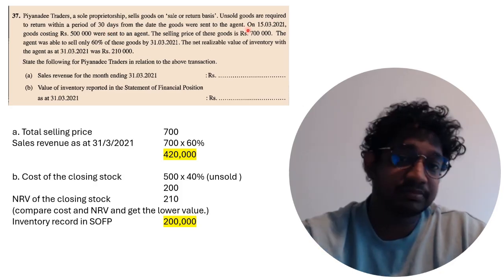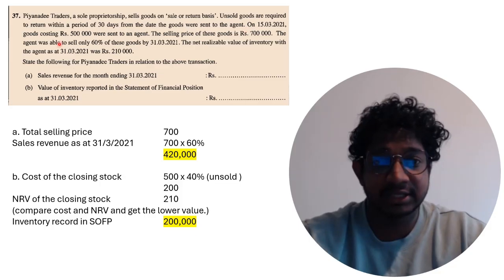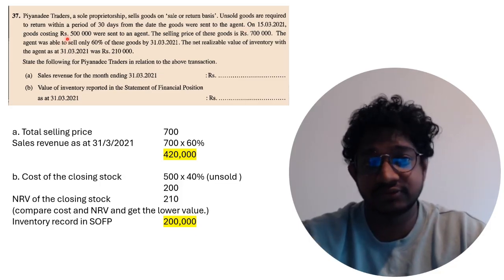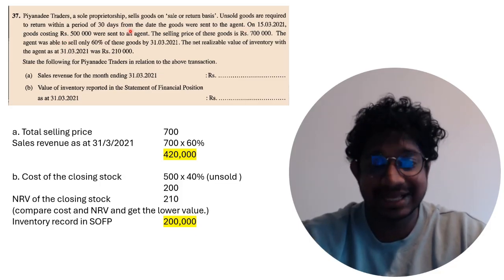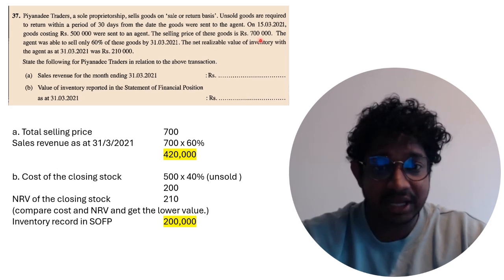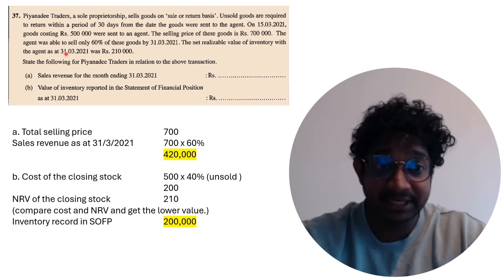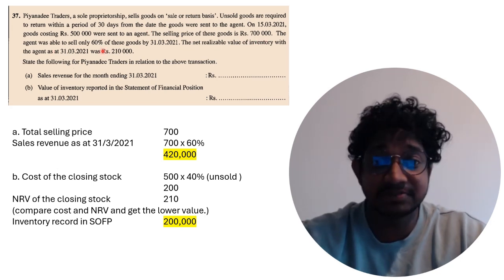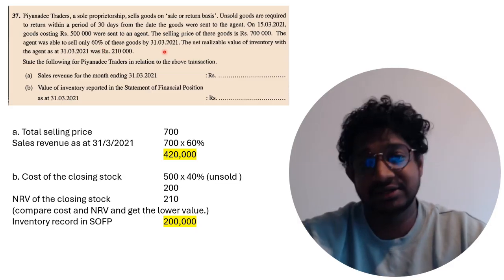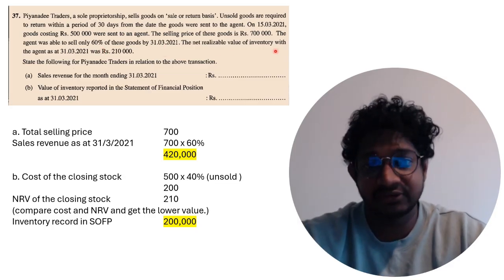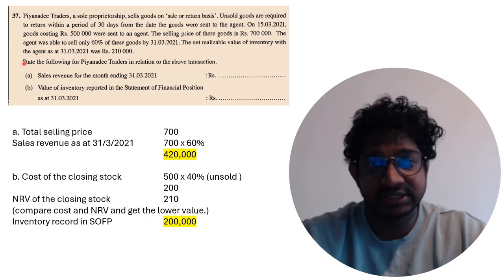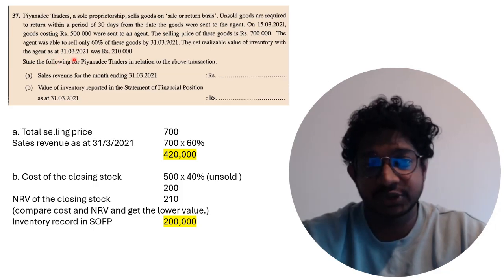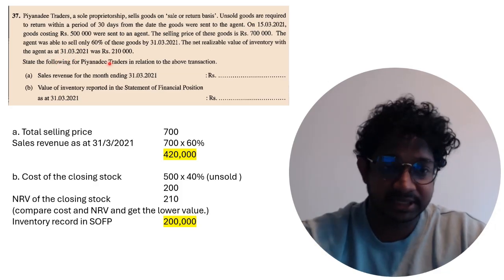On 15th March 2021, they sent 500,000 worth of stocks to the agent. The selling price of these goods is 700,000. The agent was able to sell only 60% of these goods as at closing date. The net realizable value of the inventory with the agent as at 31st March 2021 was 210,000.